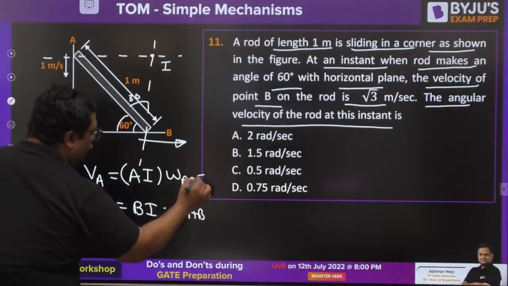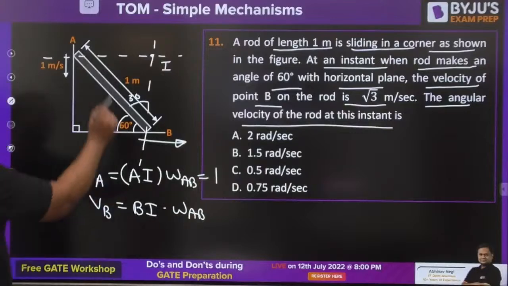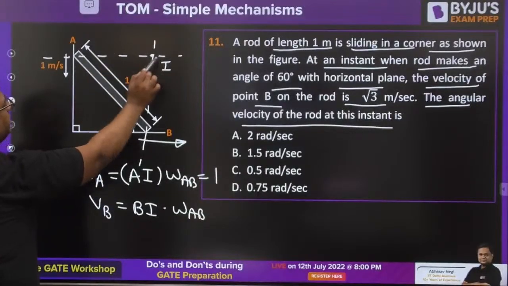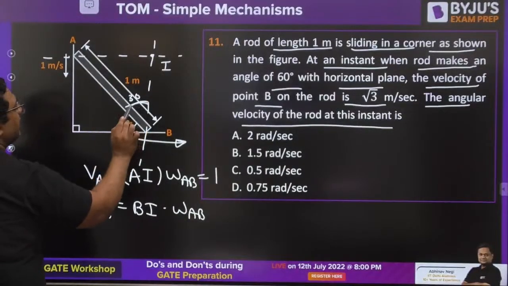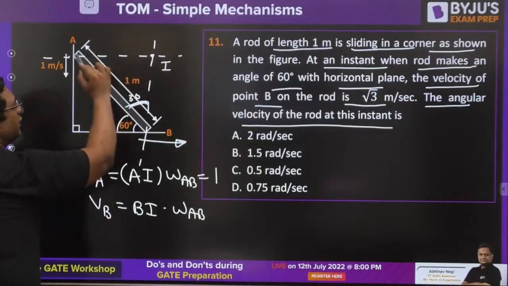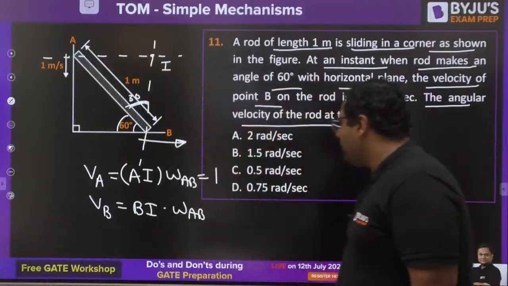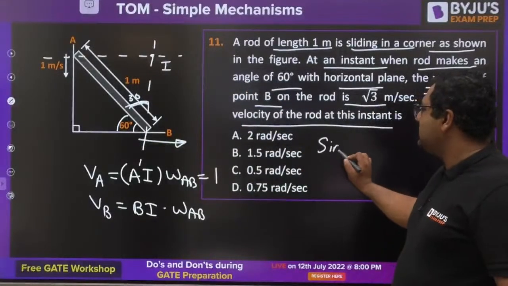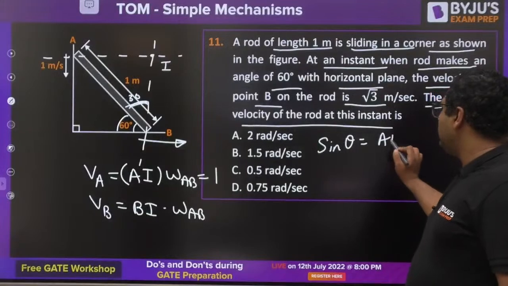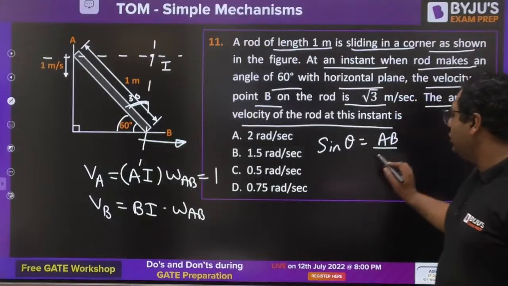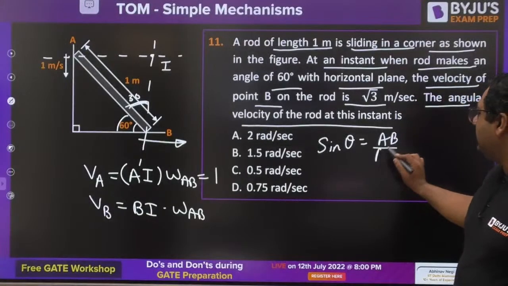So when this is known to us as 1, you need to find out this distance AI. If this angle is 30 degrees, you know this is unknown, this is known to us, use sine theta there. So you can write, my dear, sine theta is perpendicular upon hypotenuse. This is AB.